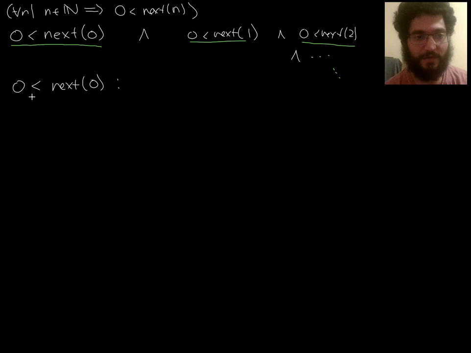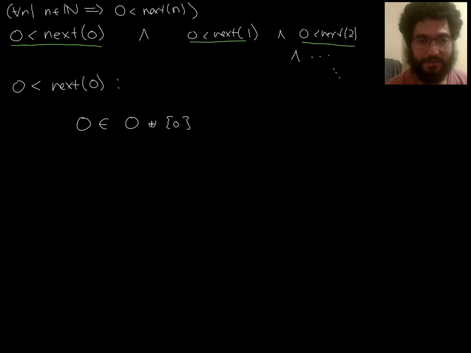My first thought when I look at this is, oh, let me break things down in terms of the definitions of everything. So less than, well, that's a membership, right? It's just a fancy way of writing membership. And next, well, that's 0 union singleton 0. And then I would think about what is this union, is 0 in there? And yeah, you can see a way of doing it, but I actually do not recommend this approach. This is an easy way to quickly overcomplicate things.